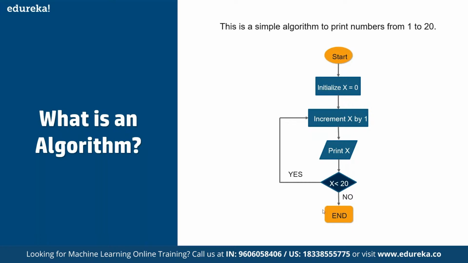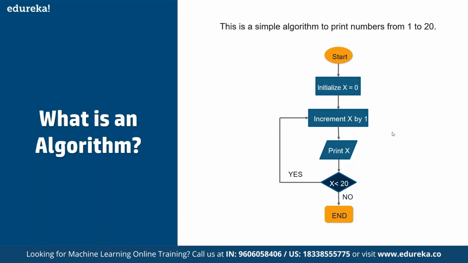This keeps going on until x becomes equal to or greater than 20. If it is not less than 20, the entire program ends, as a complete given sequence of what we do as part of the algorithm. All right, so that exactly is what a complete algorithm is.